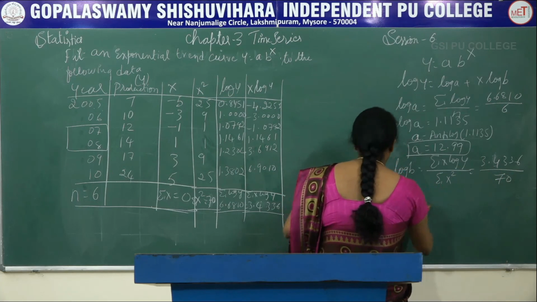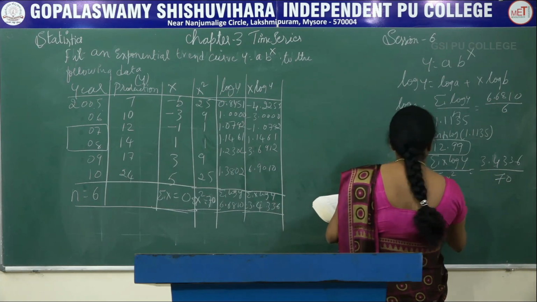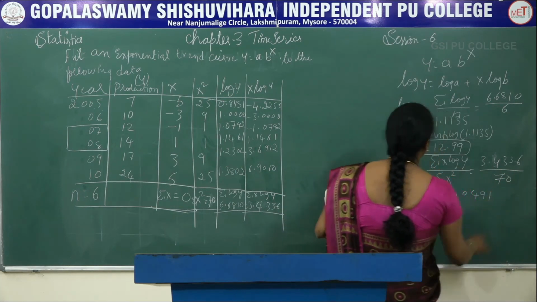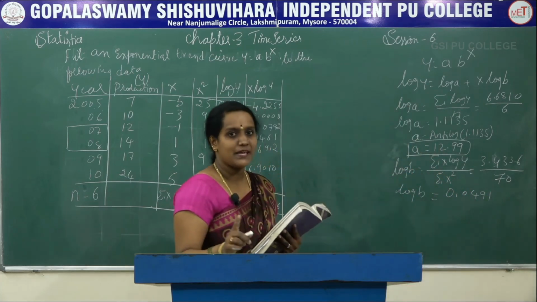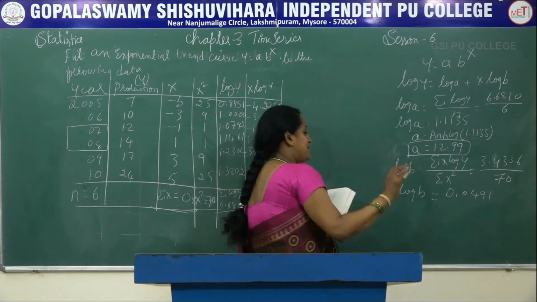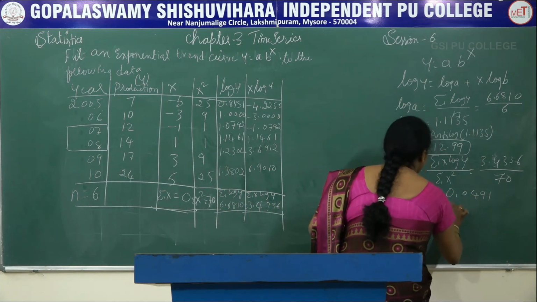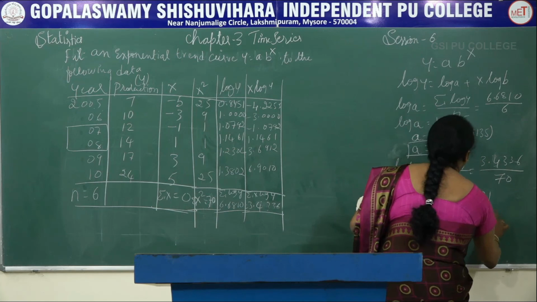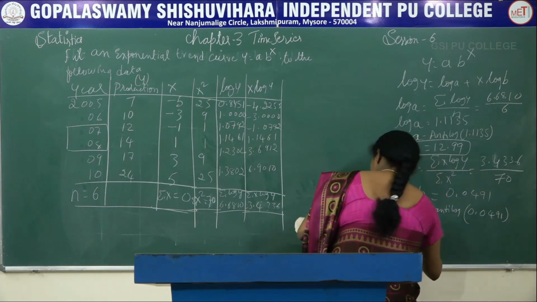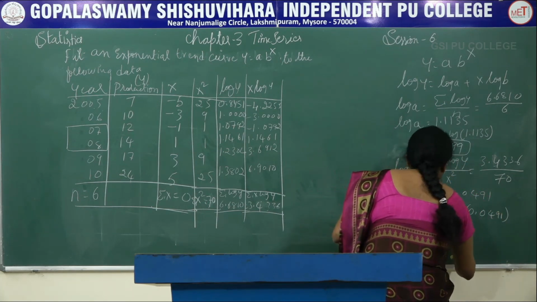So log b is equal to 0.0491. We don't want log b, we just want the constant b. So b is equal to anti-log 0.0491. So your b is equal to 1.12.